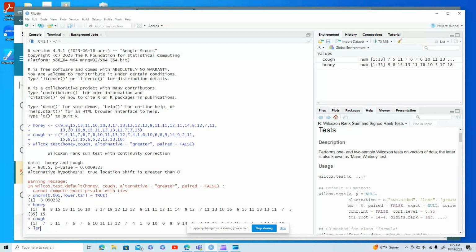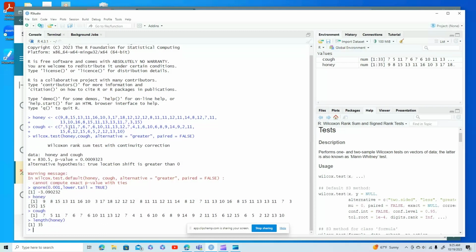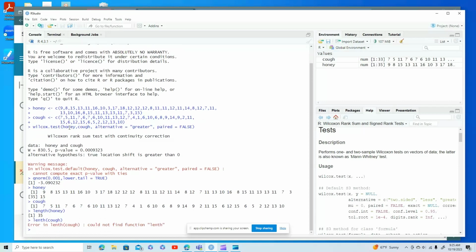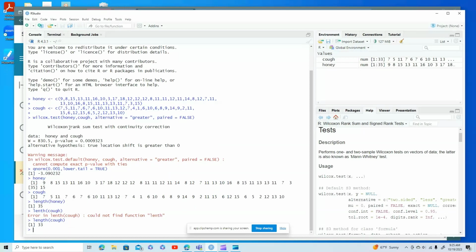Now what I want to do is show you the length of honey, right? It's 35, but the length of cough is 33, okay?